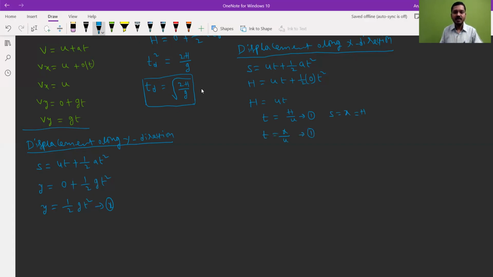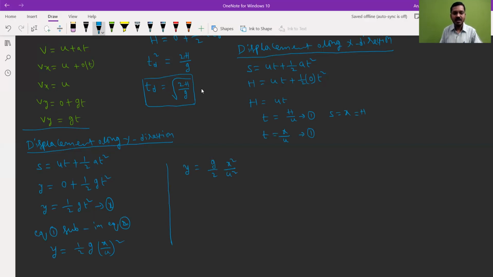Now, substituting equation 1 in equation 2 in place of time t, see what happened. y is equal to half into g, in place of t, I am substituting x by u whole square. So the displacement along y is equal to g by 2 into, after squaring this, x square divided by u square.